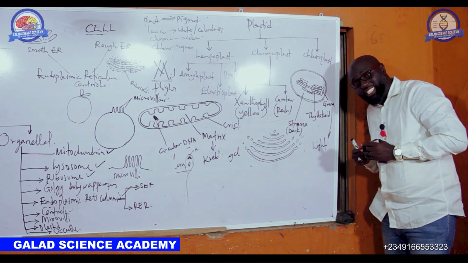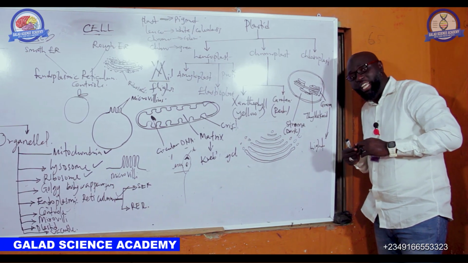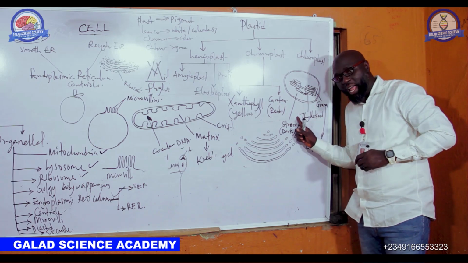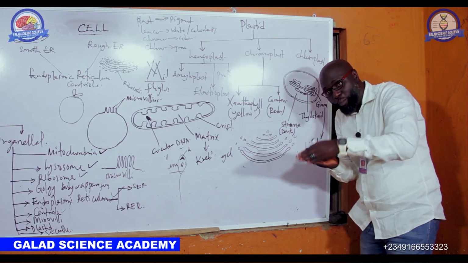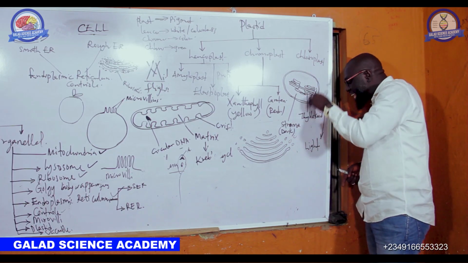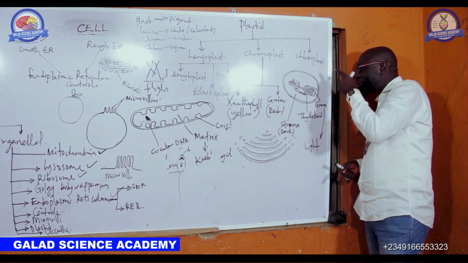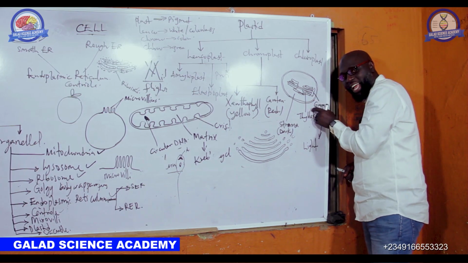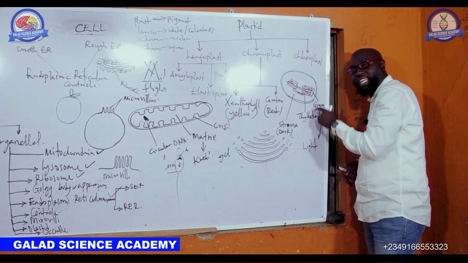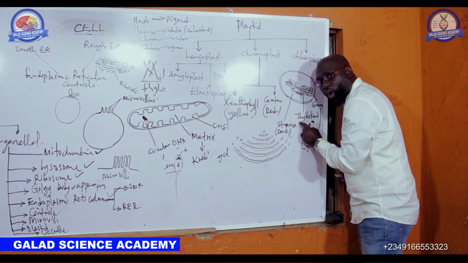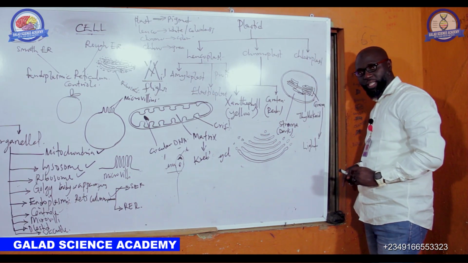The dark reaction stage of photosynthesis takes place in what? In the stroma, which is the inner floor of chloroplast. But the light reaction stage of photosynthesis takes place in what? In the grana. And the basic unit of grana is called thylakoid membrane.